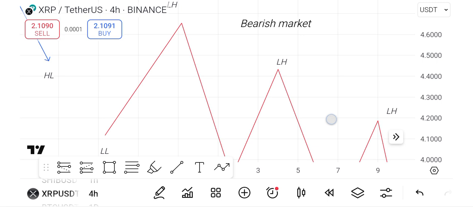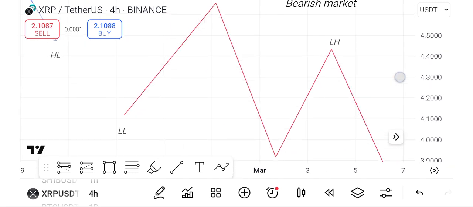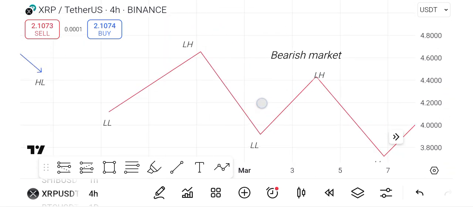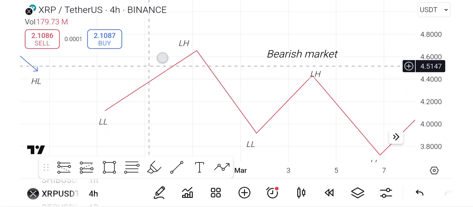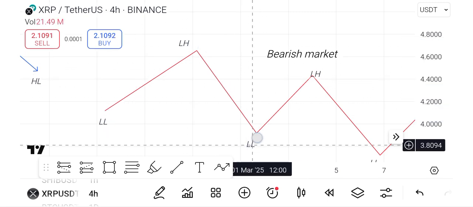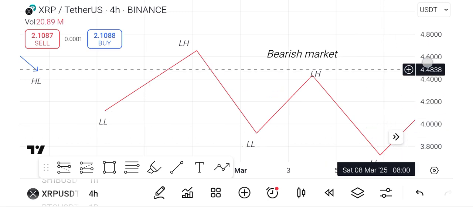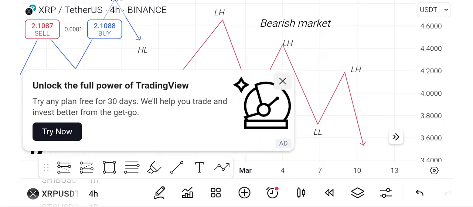Are you following? The market is creating lower lows. The first one is higher highs, higher low to a higher high, but this one is creating a lower low to lower high, lower low to lower high, lower low to lower high. Are you getting me?